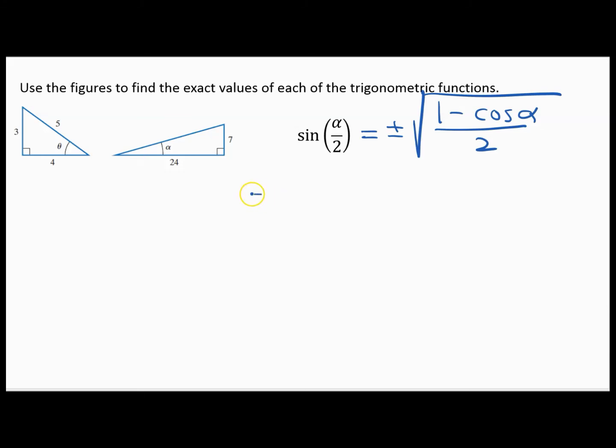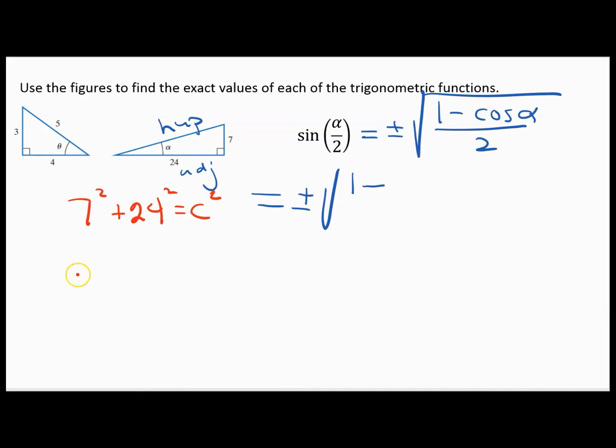So I continue by plugging in. I have plus or minus the square root of, this is going to be 1 minus, now the cosine of alpha. Remember, cosine is adjacent over hypotenuse. Well, unfortunately, we don't have the hypotenuse, but we can certainly find it by using the Pythagorean identity. So I have 7 squared plus 24 squared is equal to the hypotenuse, or c squared.